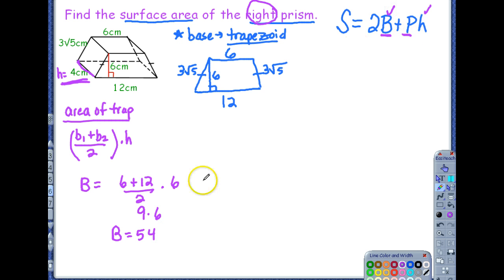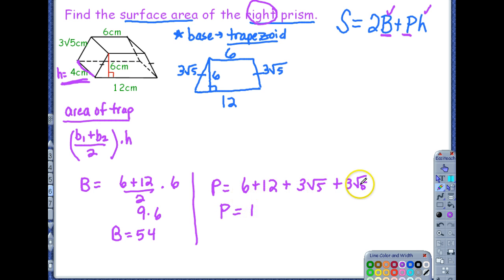So how are we going to find the perimeter? We want to add up all the sides. So we've got our 6 plus our 12. I'm going to go with the easy parts first. And then plus the 3 radical 5 and another 3 radical 5. You could write it as 2 times the 3 radical 5, or just write it like this. Can I add all of these terms together?